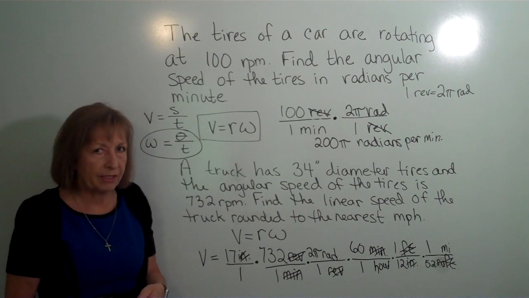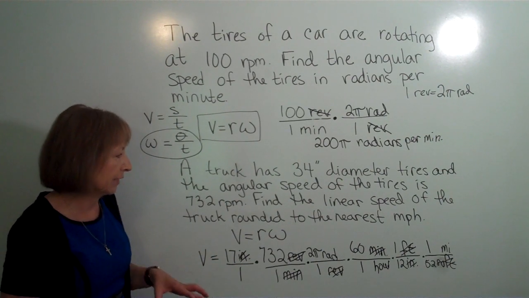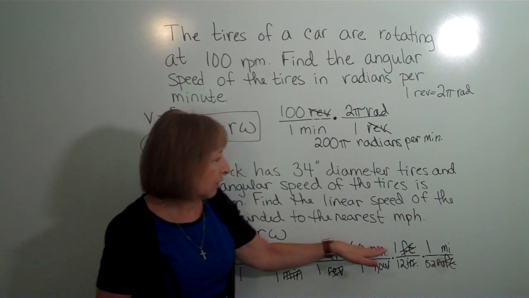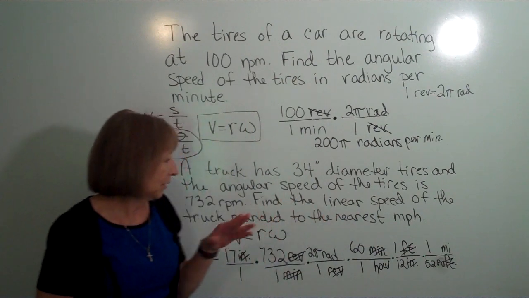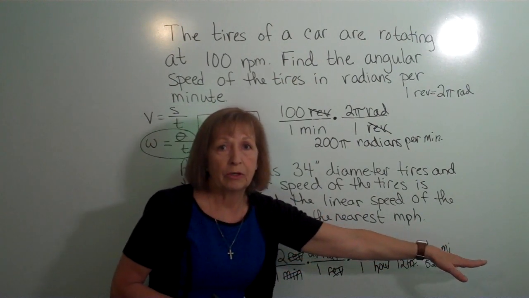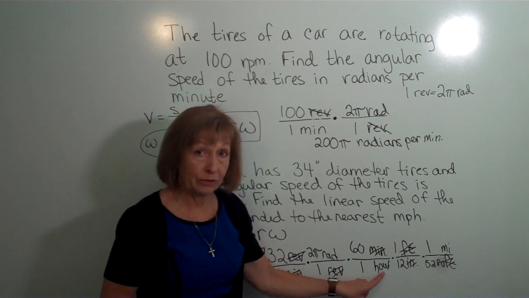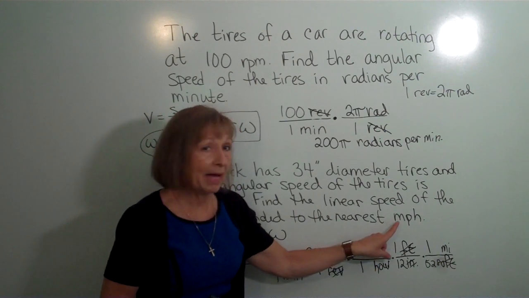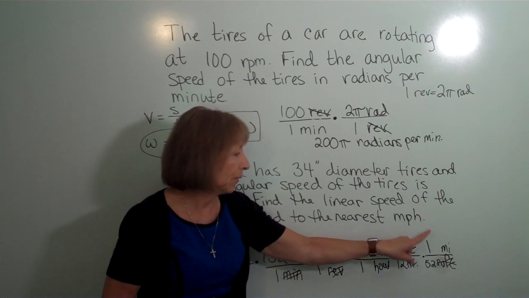So we're not actually going to write the radian part of the units in our final answer. But as far as units go, I have my mile in the numerator, the fraction bars per, and the only unit left in the denominator is hour. So I will get my linear velocity in miles per hour.